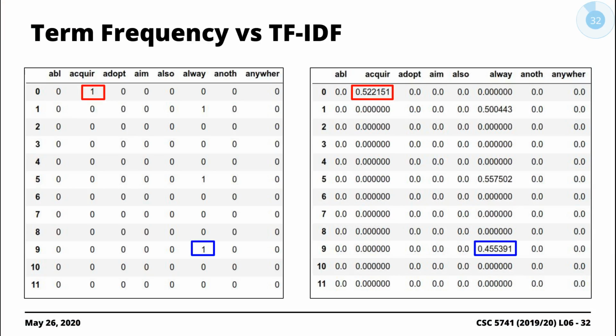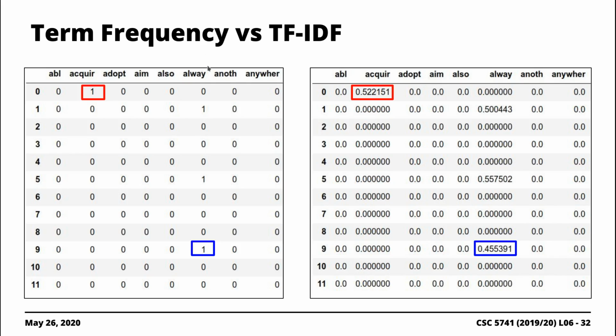All right, something else you want to think about here is really the differences that you notice when you use a term frequency approach versus the term frequency versus document frequency approach, right? You can immediately see here that the TF-IDF approach is usually more precise. A classic example here is the word always.